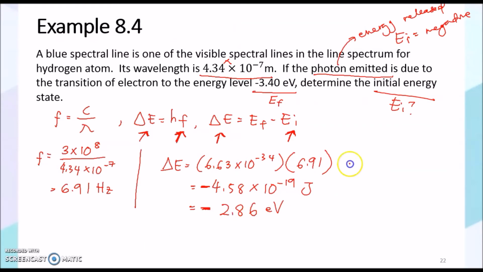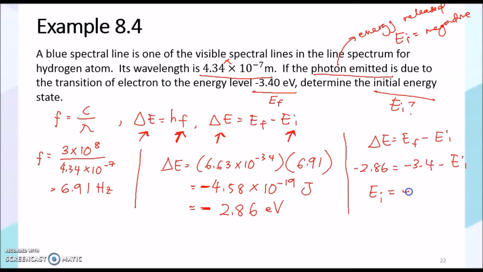So substitute into the equation, delta E equal to E final minus E initial. Delta E is negative 2.86. E final is negative 3.4 minus with E initial. Here you will get the initial energy is equal to negative 0.54 electron volt.